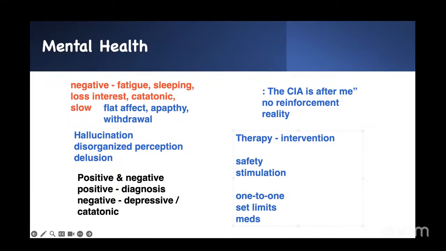If they tell you about hallucination and they can hear things, you want to find the content about what they're hearing. But if they feel it, they can see, you don't need to find the content. Finding the content means asking them specifically what they are hearing.